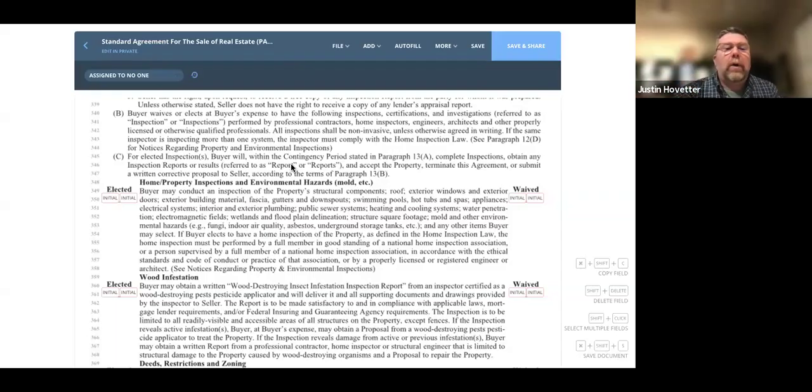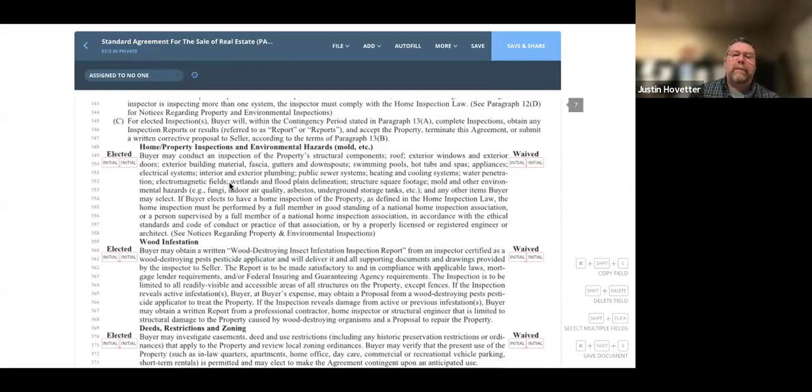Now, some language I want to draw your attention to here in line 340. It says the buyer waives or elects the specific stuff.